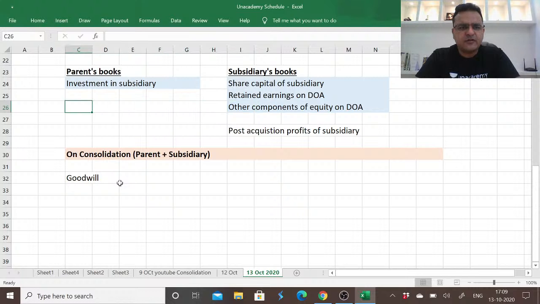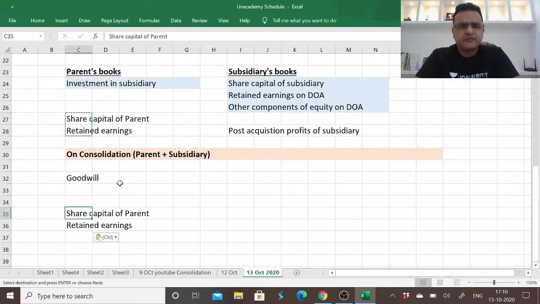On the investment in subsidiary side it is share capital of parent and retained earnings. So when we consolidate, we present share capital of parent only.